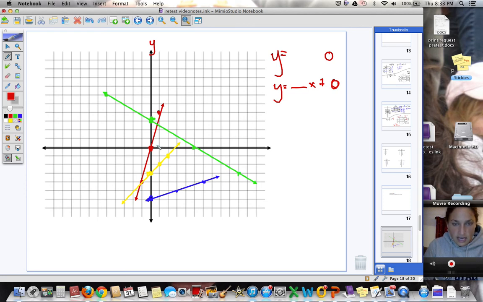And then I have to think, how many does it go up? 1, 2, 3, 4. It's going up 4. How many does it go over? It goes over 1. So then I can always double check it's going down 1, 2, 3, 4, and over 1. Very good. So it's 4 and 1. My change in y is always over my change in x.